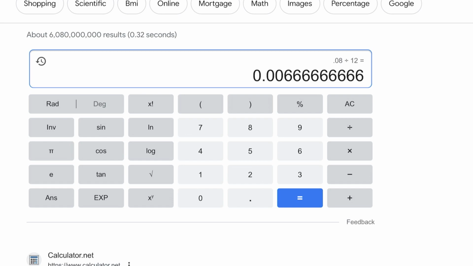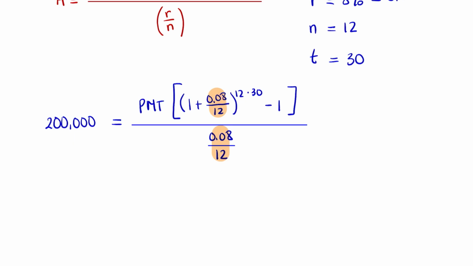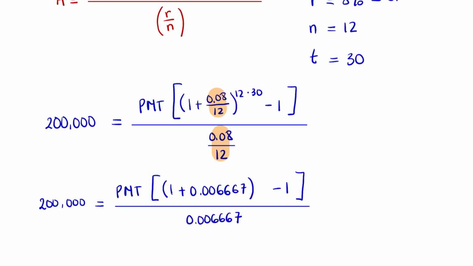Now, I am in the middle of my calculation. I'm not at my last step yet, so please do not round your answer here. Carry as many digits as you can. Because if you round to 2 decimal places here or 3 decimal places here, your answer will be off. So I'll carry at least 8 or 9 digits. This fraction, 0.08 over 12, is going to be substituted with 0.00666667. And 12 times 30 is 360.